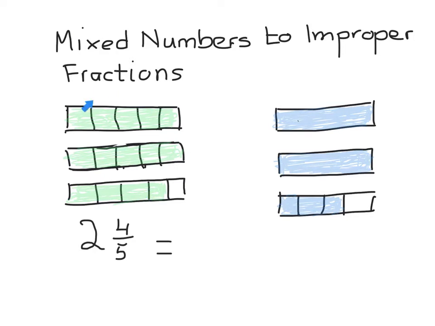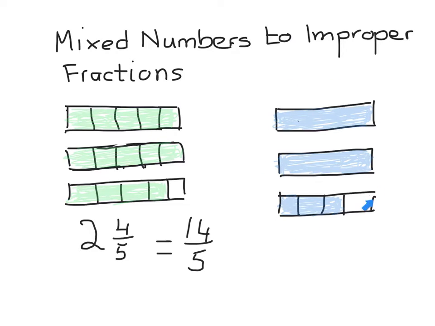So I simply add them together. 5 add on 5 add on 4 is 14. I'll write that here. I have 14 of my fifths. There we are, and we know it's improper because the numerator is larger than the denominator. 14 fifths is the same amount as 2 wholes and 4 fifths.